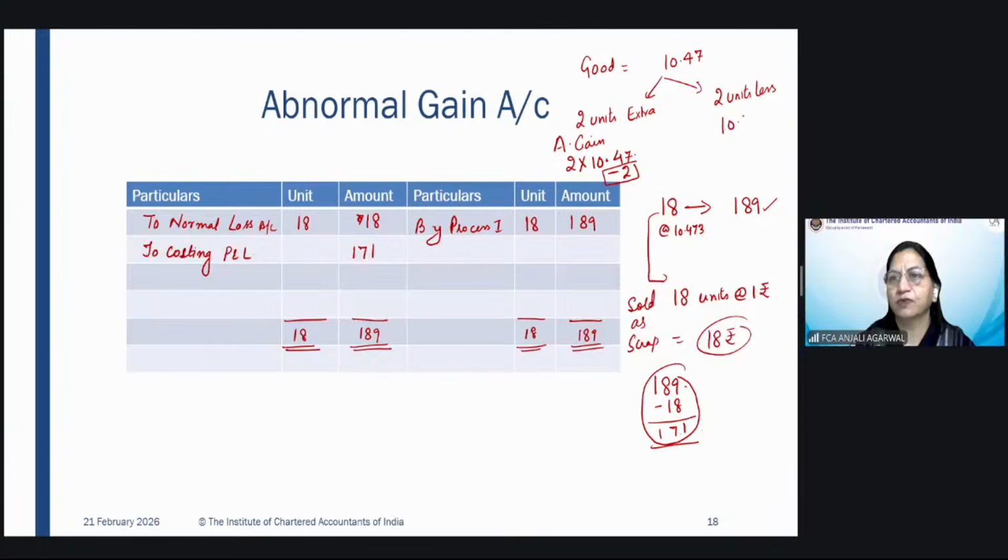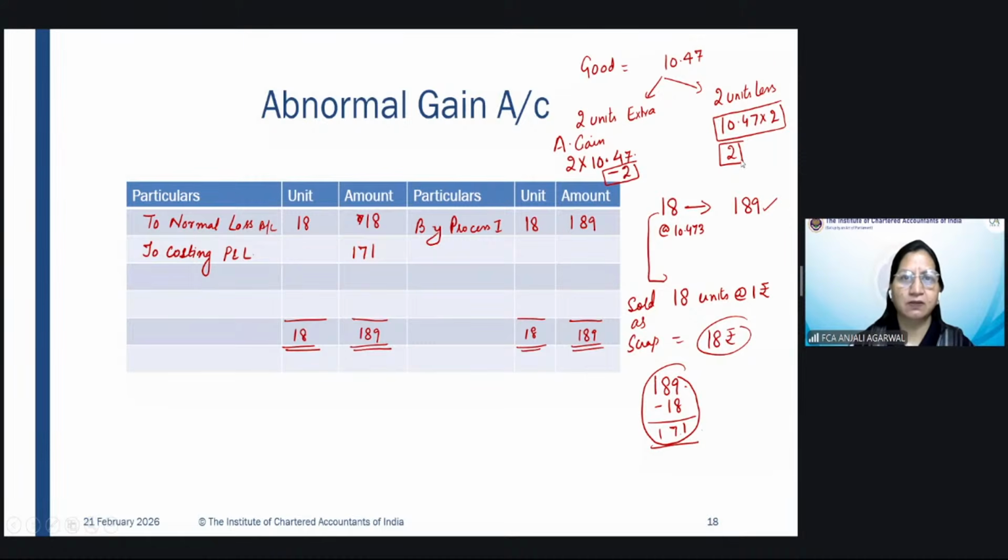Similarly, if I say that I have 2 units less, so 10.47 into 2 is my loss, abnormal loss. However, because I did not have them as good units, I have them as scrap. So at least I could recover 2 from there. So my true loss is not 10.47 into 2, but it is only 9.47 into 2. 1 rupee per unit I am getting from there. So 20.94 minus 2, it's only 18.9. Right?